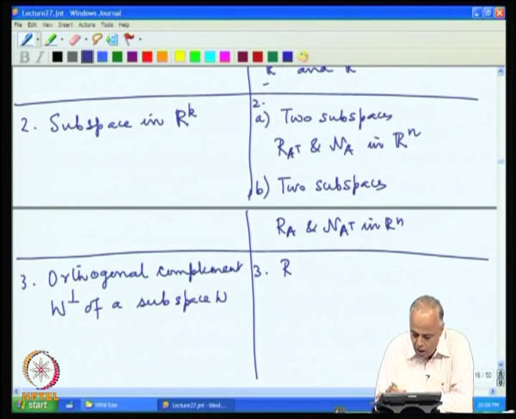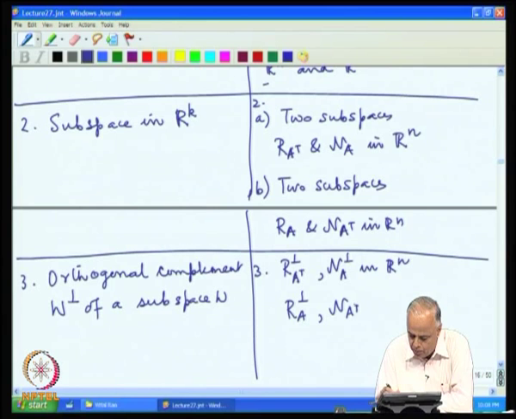We use this in the matrix context for these four subspaces that we have. So, we have R(A transpose) perp and N(A) perp in R^n, and then R(A) perp and N(A transpose) perp in R^m.